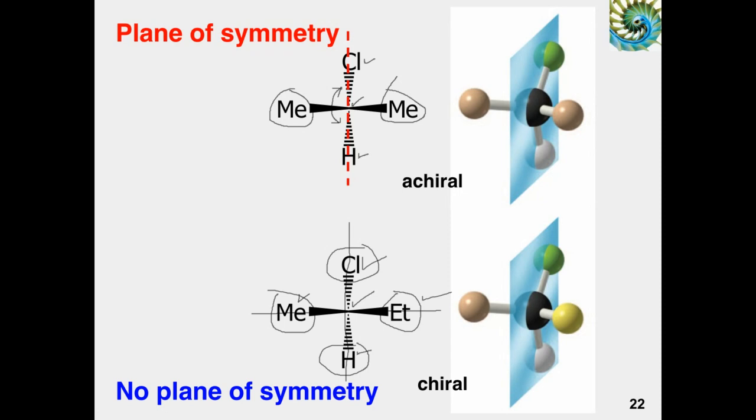With an element of symmetry present, as in the molecule on top, the molecule is classified as achiral, meaning that it is superposable with its mirror image. With no plane of symmetry, as in the molecule on the bottom, the molecule is chiral, non-superposable with its mirror image. So the molecule on the bottom will have an enantiomer.